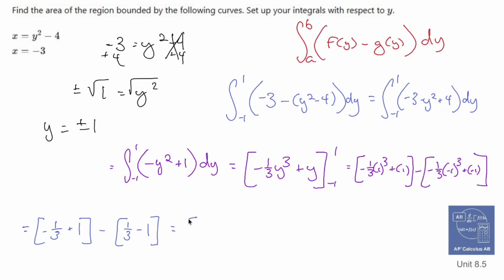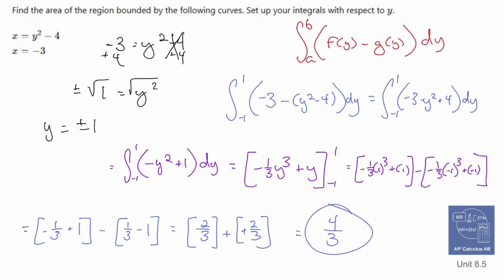You become 2/3, minus you become negative 2/3. So the double negative makes it a positive, and the whole thing becomes 4/3. So that is how you do it. I chose correctly by assuming that negative 3 was the quote-unquote f of y higher one. But yeah, that's how you do it, and boy did we have fun.